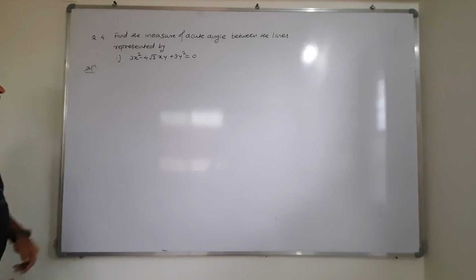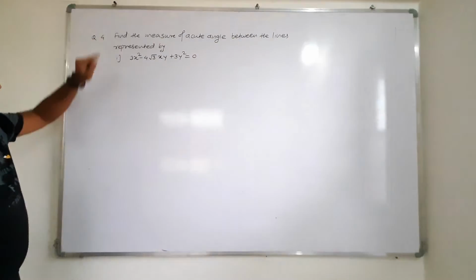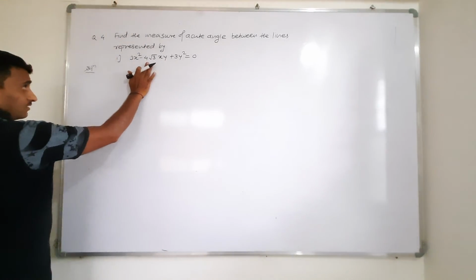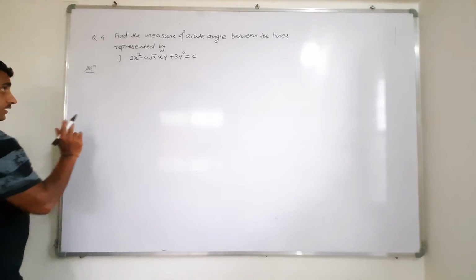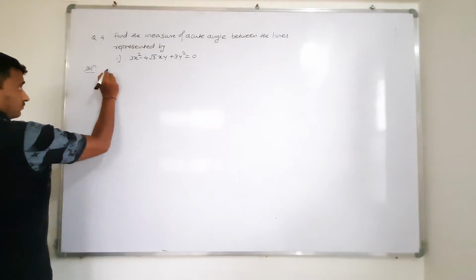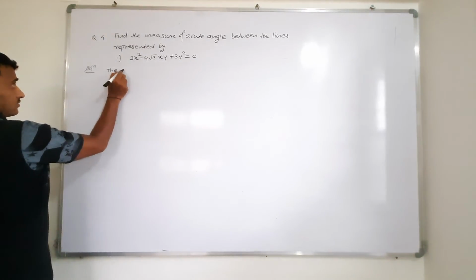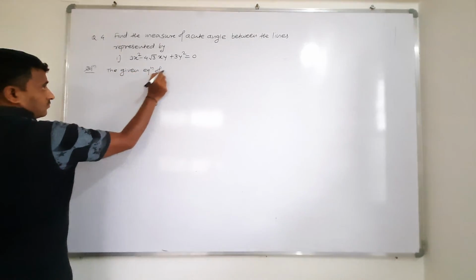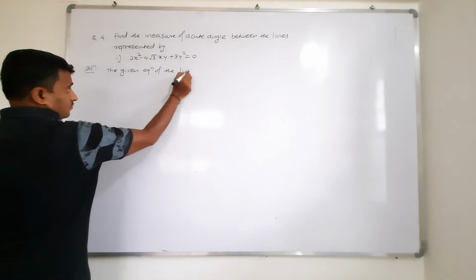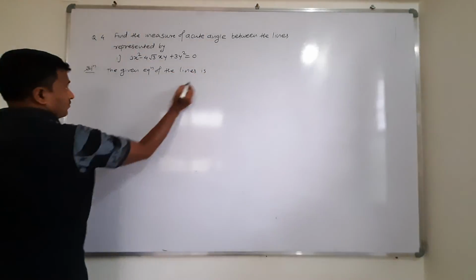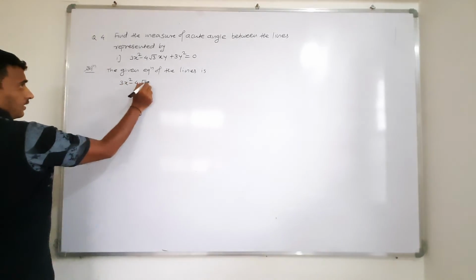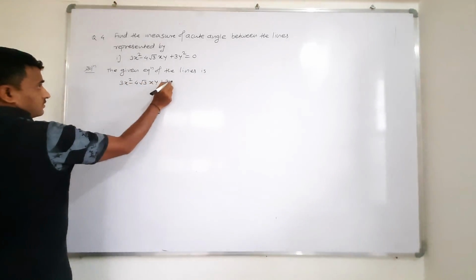Question number 4. Find the measure of the acute angle between the lines represented by this. We have to calculate the angle between the two lines. We know the theorem. The given equation of the line is 3x square minus 4 times root 3 xy plus 3y square is equal to 0.